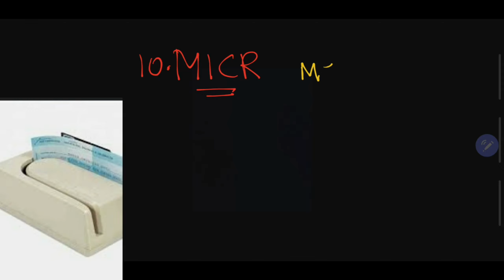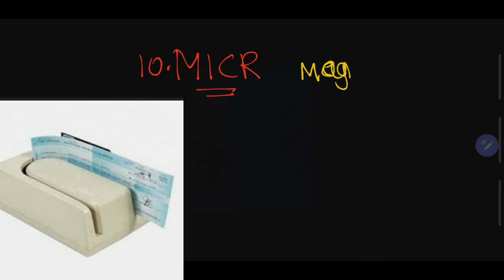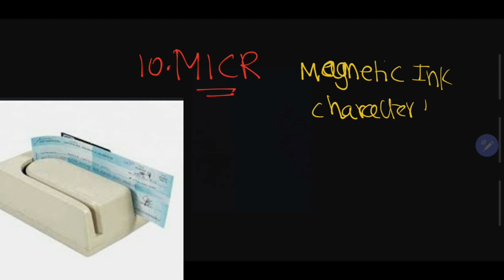Next one is MICR. The full form is magnetic ink character reader or recognizer. So it is one type of input device or machine.